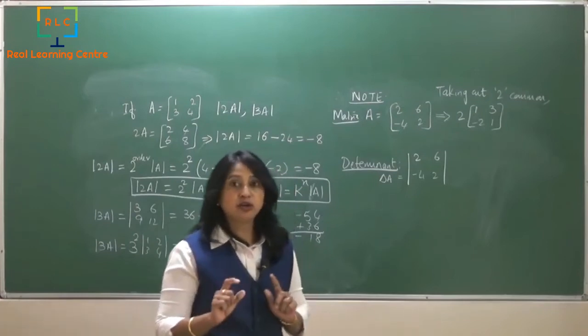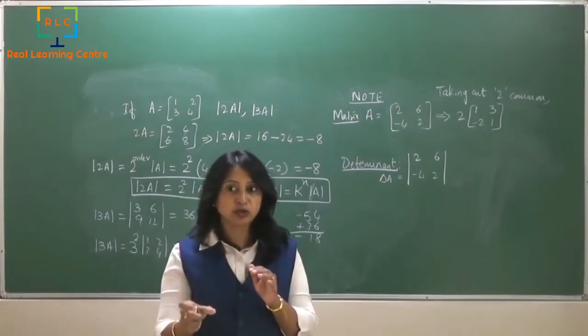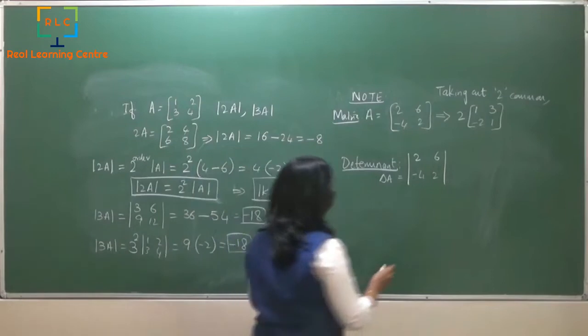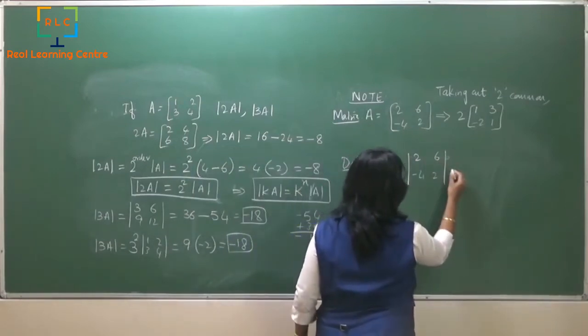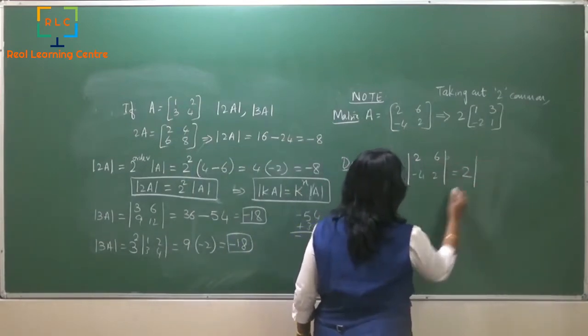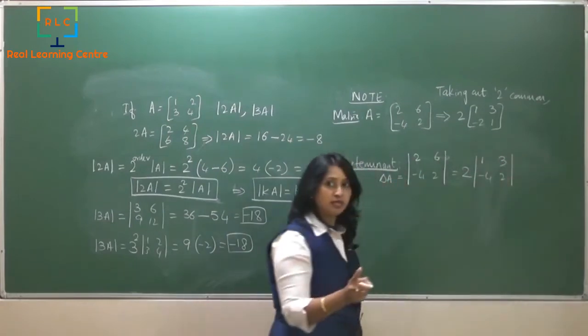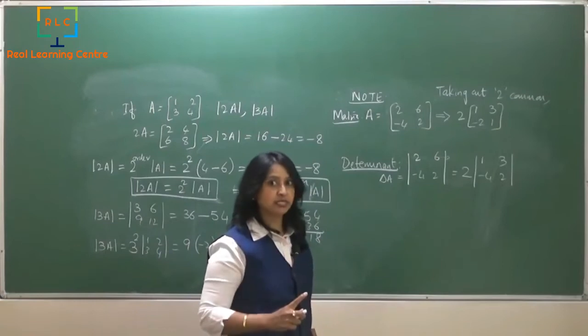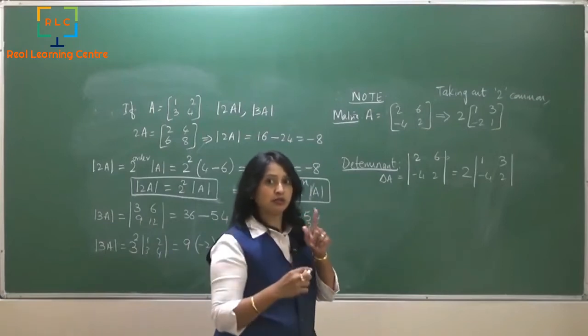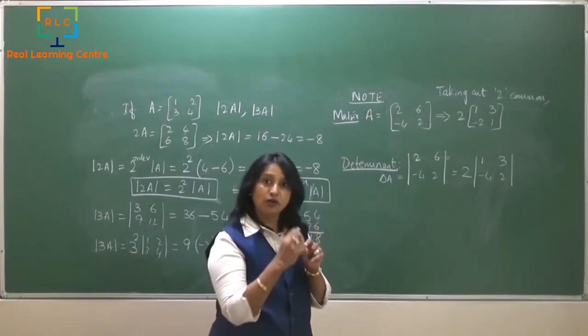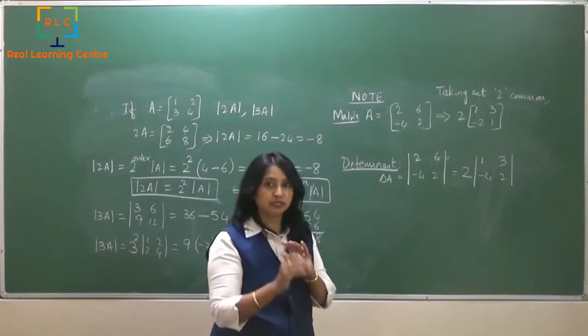You cannot remove a common factor from one row and one column. In this I'll take out 2 common. It will be 2 into the determinant of 1, 3, minus 4, 2. When you are taking out a common factor from a determinant, you should take it out of one row, and after that you cannot take it out of a column.